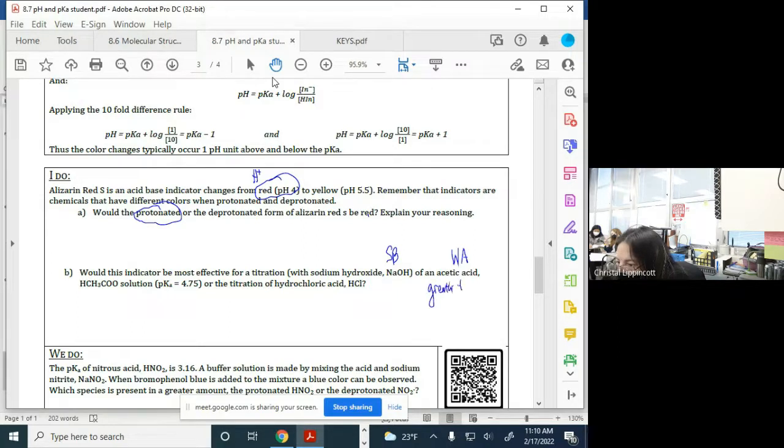If this is greater than 7, what color is it going to be? It is going to be blue. Blue is not an option. It's red and it's yellow. Is it ever going to be red in this area? No. So this would not be an effective indicator to use for this. Okay.